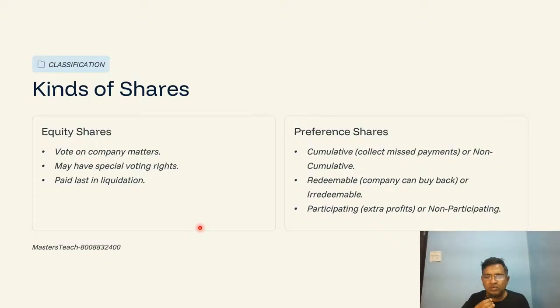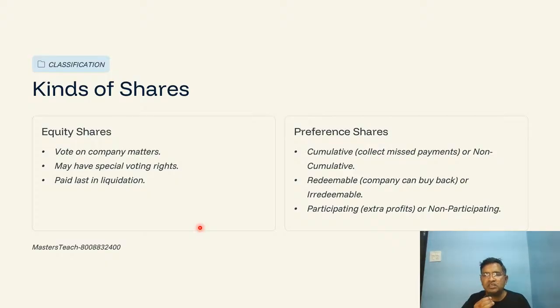Directors decide every year they are going to pay some bonus. If they are unable to pay in one year, they are going to pay in the next year with the two bonuses. That is called cumulative preference shares. They have the right to get all missed payments of bonus. Non-cumulative means, for example, if one year is missed, they won't get that particular year's dividend. That is non-cumulative shares.